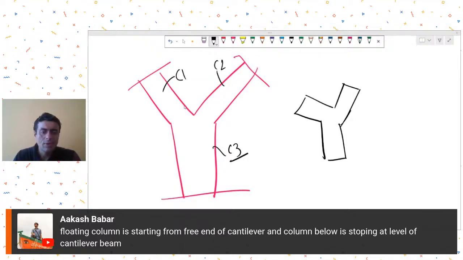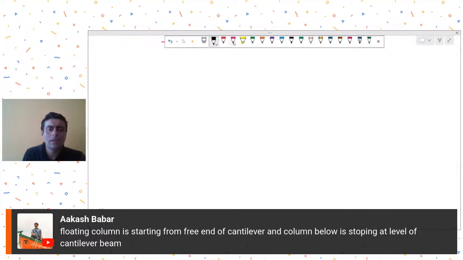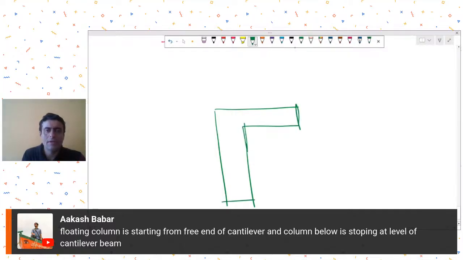Mr. Akash is saying floating column is okay. So he has given the details of this Y column. Floating column is starting from the free end of cantilever, and the column below is stopping at the level of the cantilever beam. Okay, so he's saying that let's say in sectional view, this is my column and this is the cantilever, and then this is the column that is starting, floating.